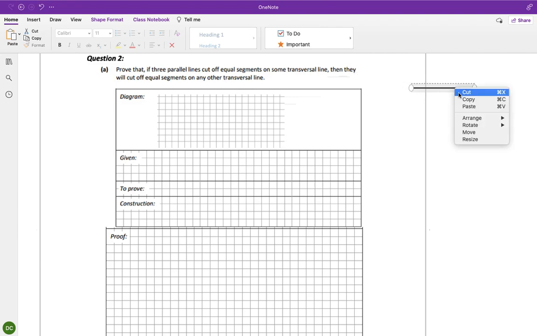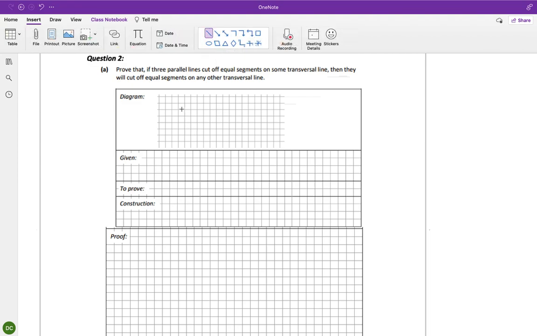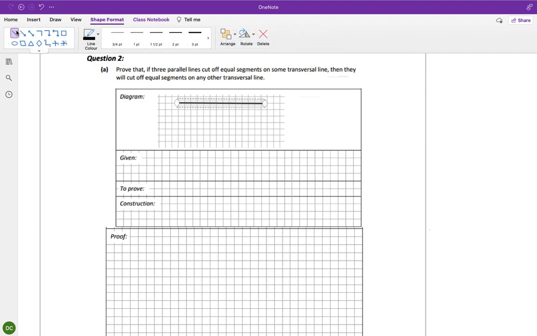I'm going to have to delete that. Okay. Insert a line. Can I insert a line on top of this? Yeah. So there's 1. Insert another line. And 2. And then insert another line, which is 3.